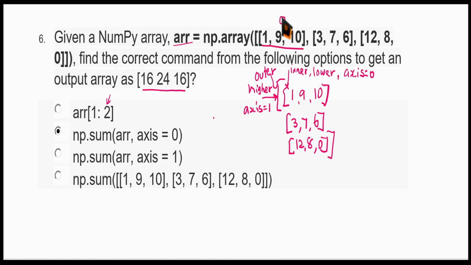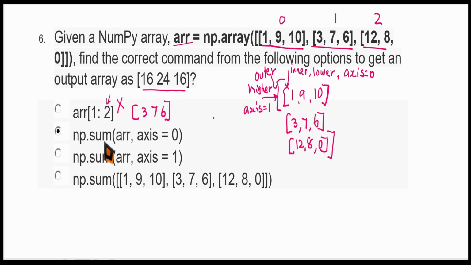This is index 0, this is index 1, that is the first row, this is index 2. This is 0th row, first row, second row. Here also. What will this instruction do? This instruction will take only the row with index 1. So the output will be 3, 7, 6. So it is not producing this one. So it is not correct.